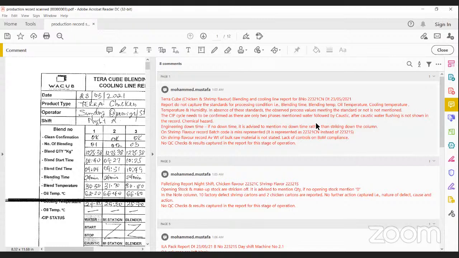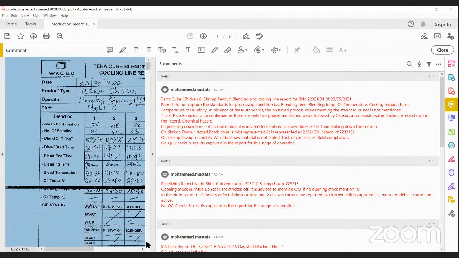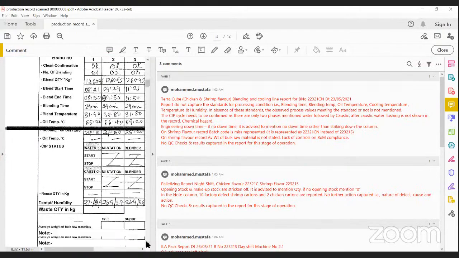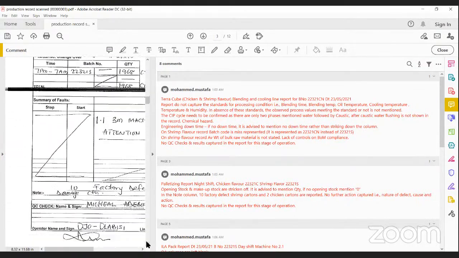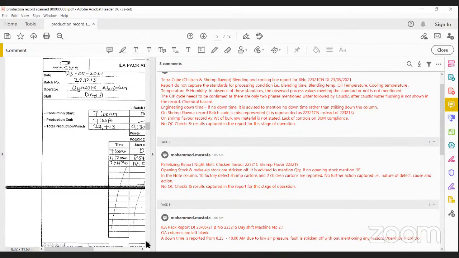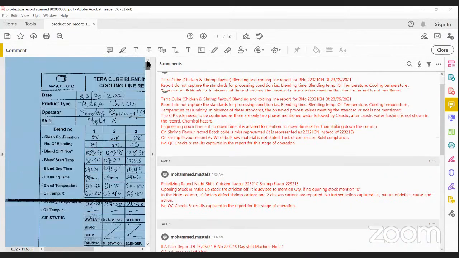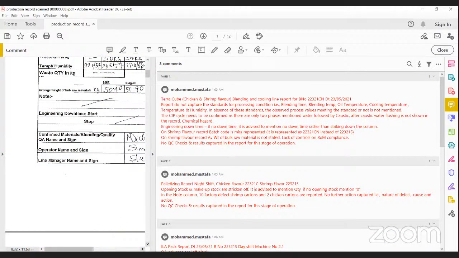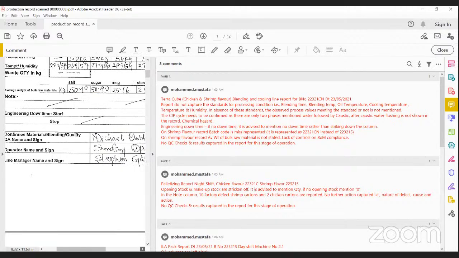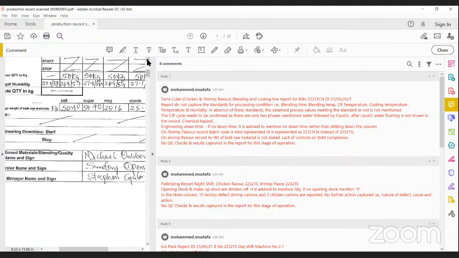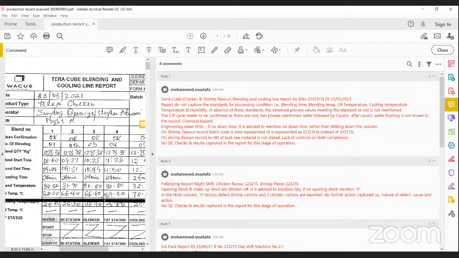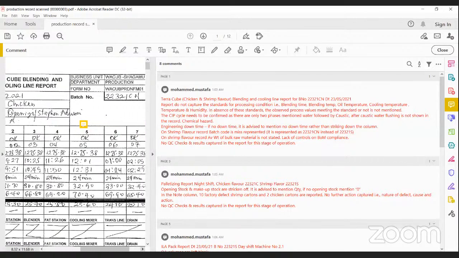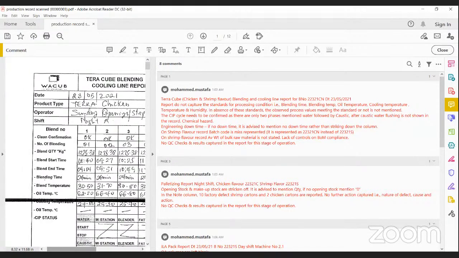That is, the flushing water. Well, let me just try and put the CIP status.